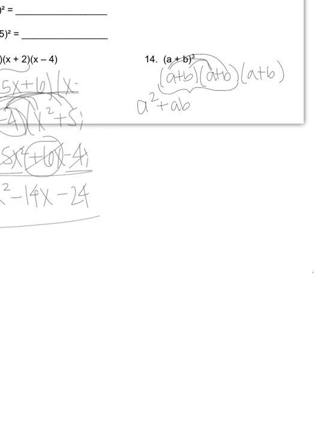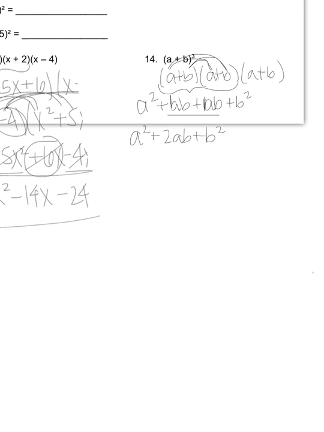And then b times a, we're going to get ab. And then b times b, we get b squared. Okay, so we're going to combine like terms. Notice on the insides here, we can combine the ab's. This is a 1ab, this is a 1ab. So that would be a squared plus 2ab plus b squared.